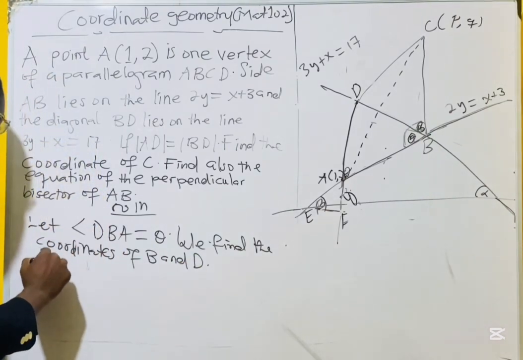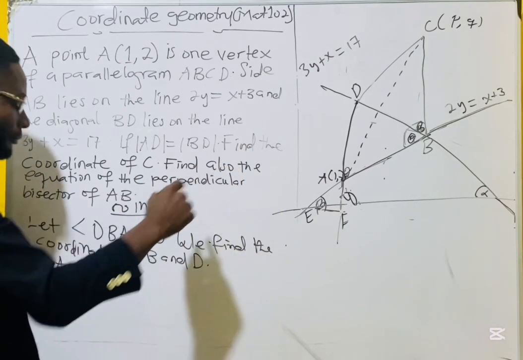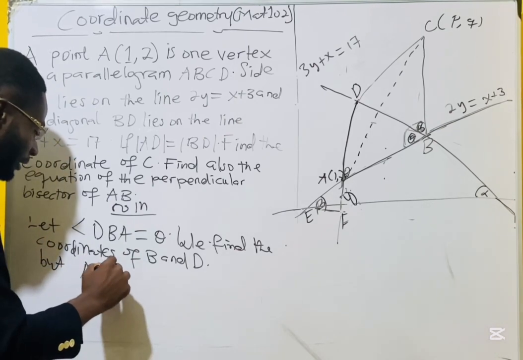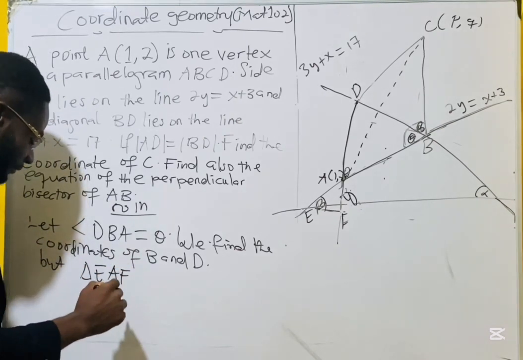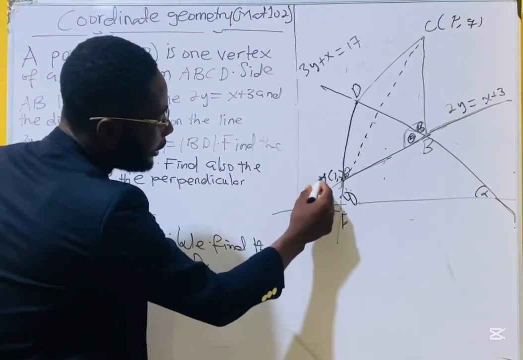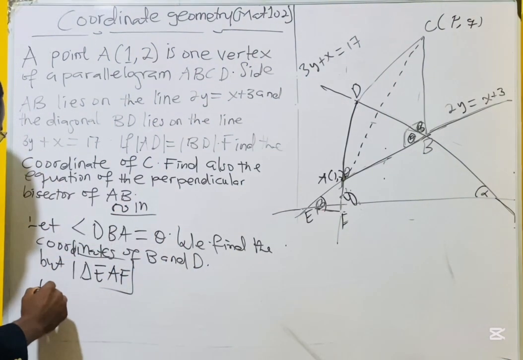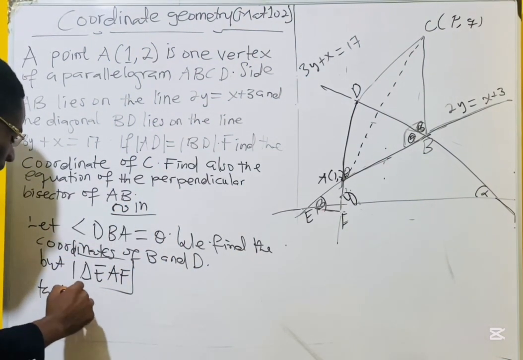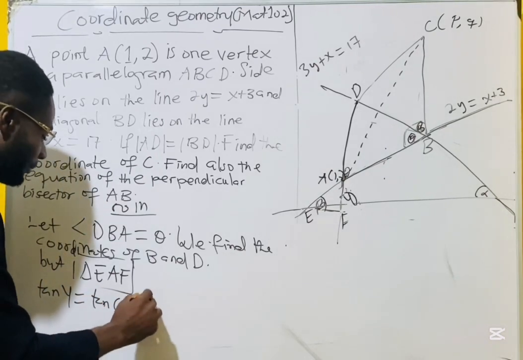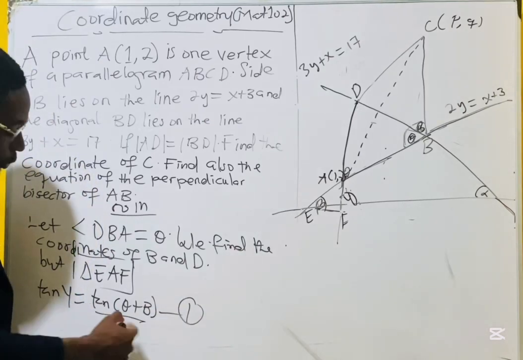But also note that from the figure above, we can say that triangle EAF, we can see something from there, right? You can see that tan gamma is equal to tan of theta plus beta, right? So let's call that equation 1.